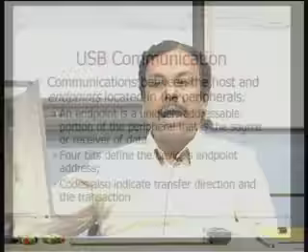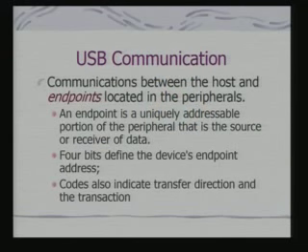The USB communication takes place between the host and endpoints, and endpoints are actually located in the peripherals. In fact, each endpoint has a unique address, and therefore if a peripheral consists of multiple devices, then each device would have a unique address, because each device will be mapped to an endpoint.